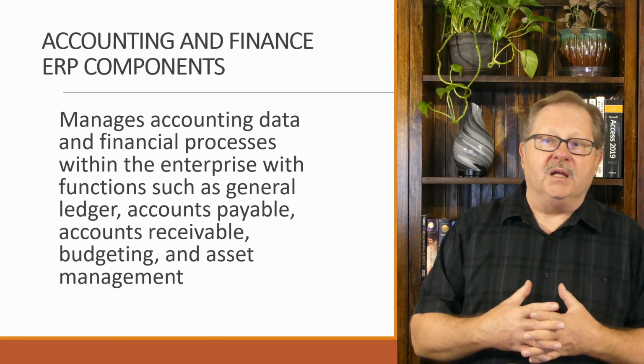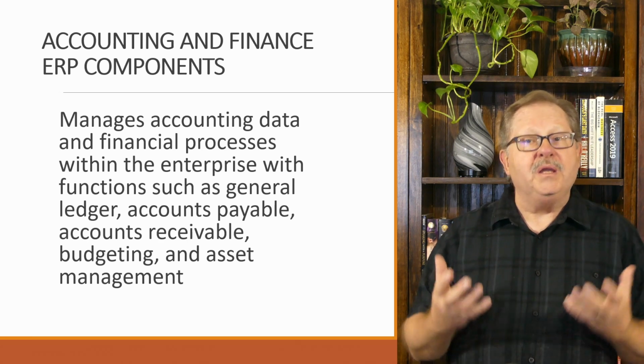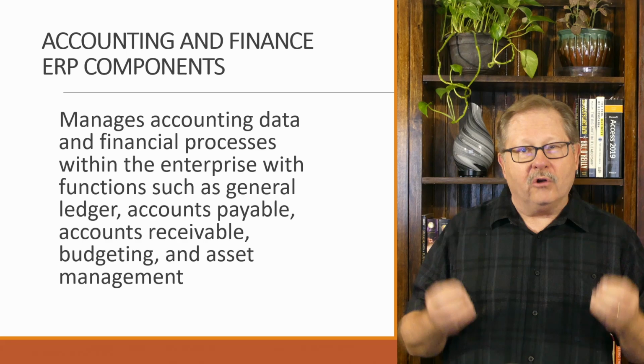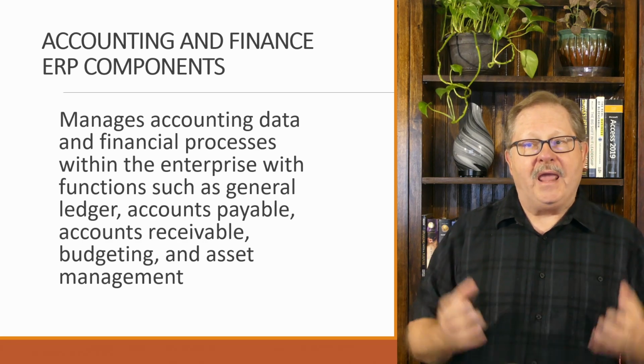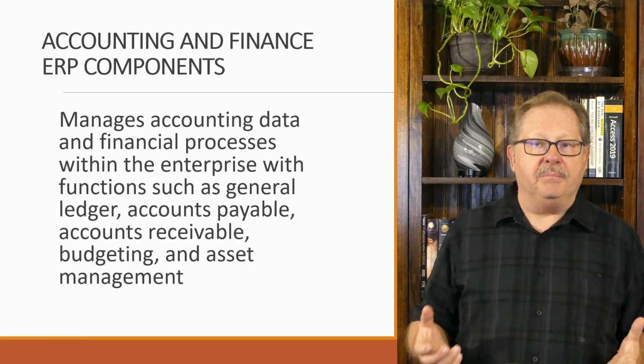A big system like SAP, for example, the core of SAP is literally an accounting system. And that accounting system already understands that it has material management and accounts receivable, accounts payable, and budgeting.